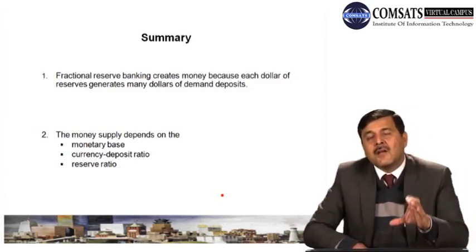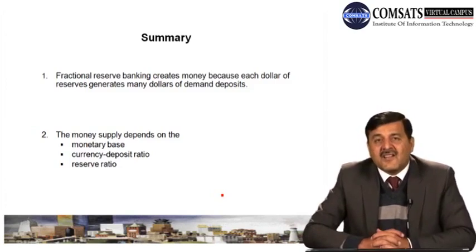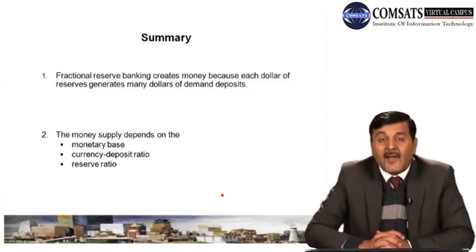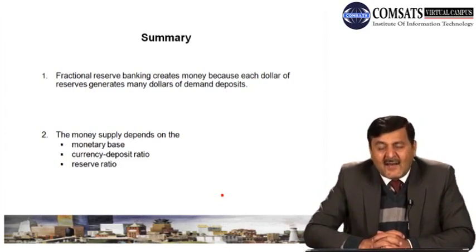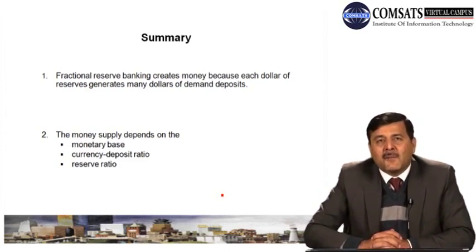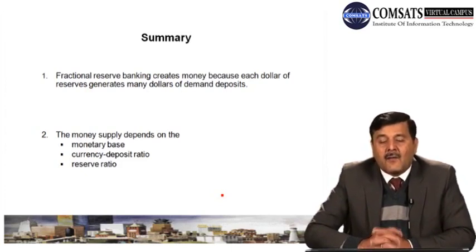So by adopting fractional reserve bank system, banks can play a very important and significant role in creating money supply, money in the economy. So we can summarize: fractional reserve bank system creates money because each dollar of reserve generates many dollars of demand deposits.